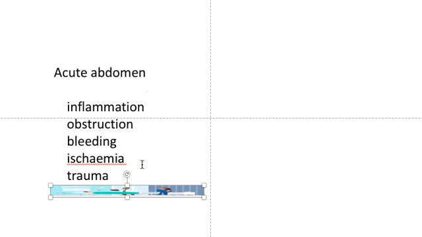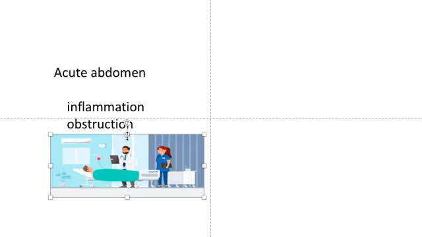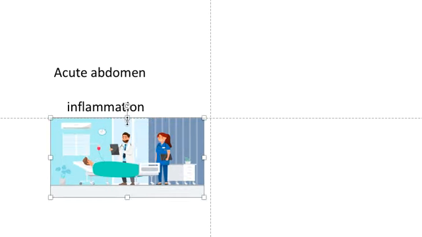Trauma is considered differently because it's a different mechanism of the problem. I will not discuss trauma further because it's very obvious, and we can do it in our trauma discussions in the ward. So these are the pathological varieties. I'm sure most of you, maybe all of you, got these entities listed.